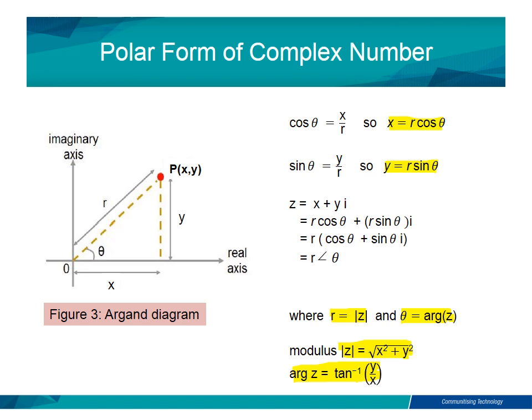Make sure you put your calculator in degree mode. So r is the modulus z and theta is the arc z. So how to find arc z? This is the formula: tangent of y divided by x.